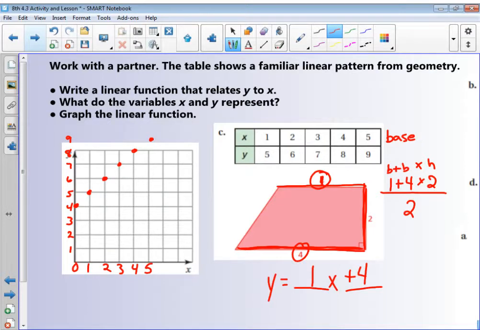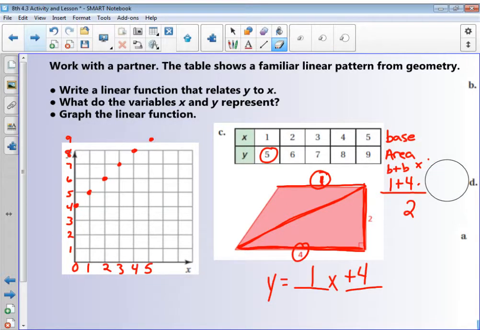So 1 plus 4 is going to give us 5, times 2 is 10. 10 divided by 2 would give us the 5. This is going to be our area. There is another method of doing it, and lots of times a visual person likes to use that concept of finding the area of the two triangles. But this is just another formula that you can use for a trapezoid to find the area of it. So your two units are your base and your area.